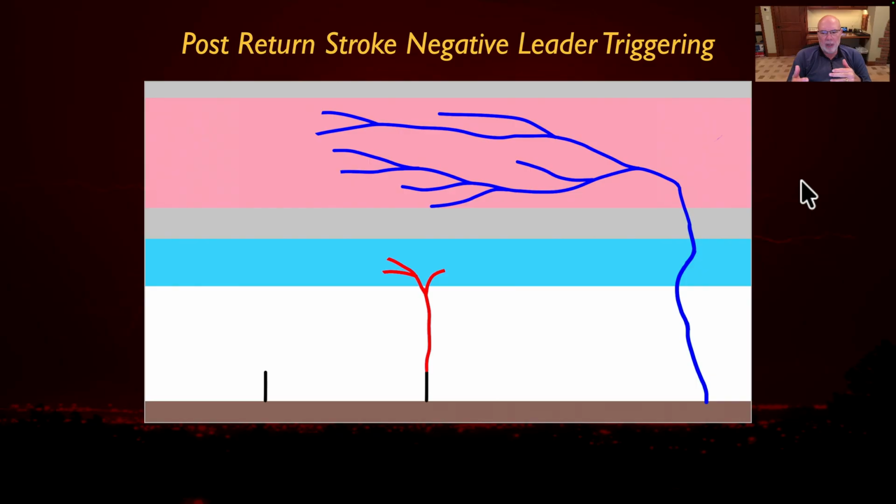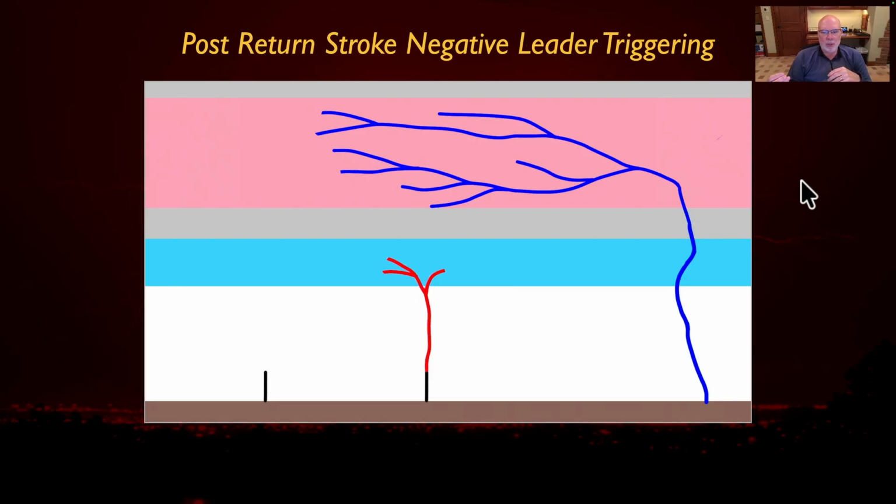So the third way in which we can trigger upward leaders from the towers is we still have a positive CG return stroke, but the return stroke is either too far away or not strong enough, and/or the previous leader activity isn't positioned close enough to the towers, so the return stroke itself does not trigger the upward leader from the tower.